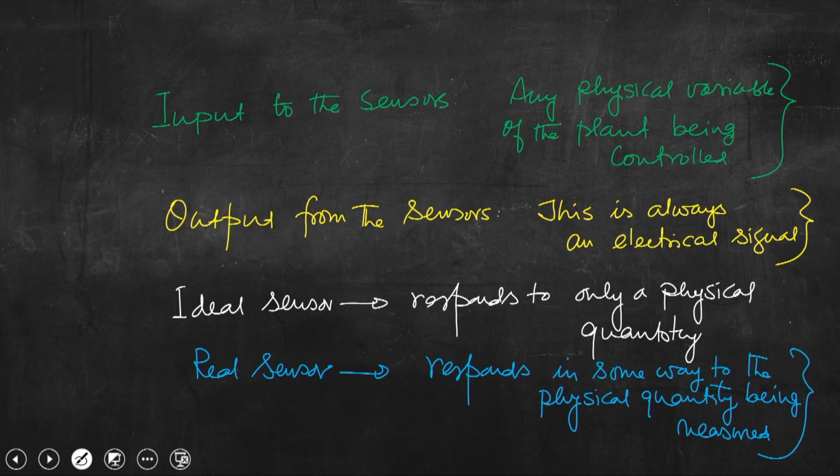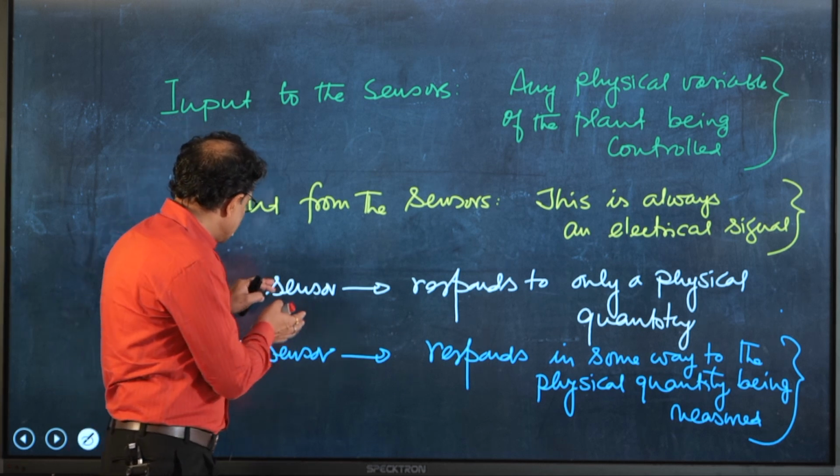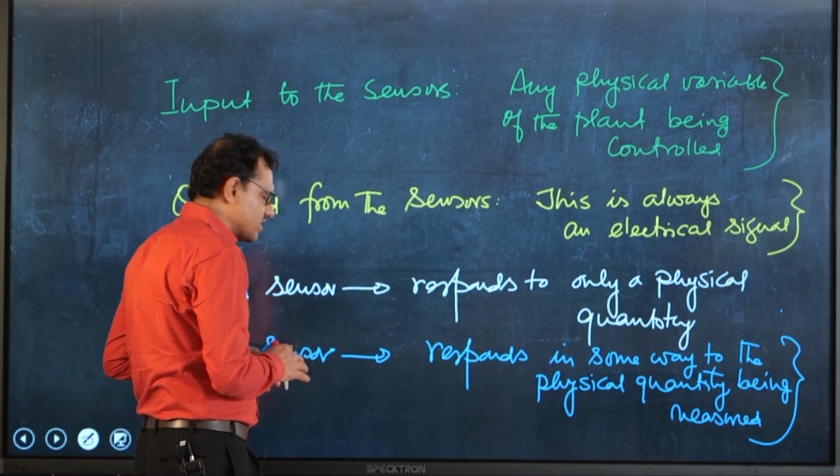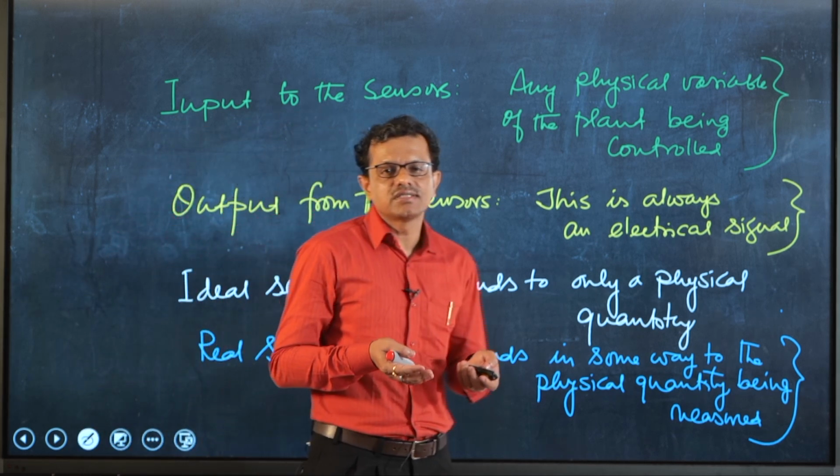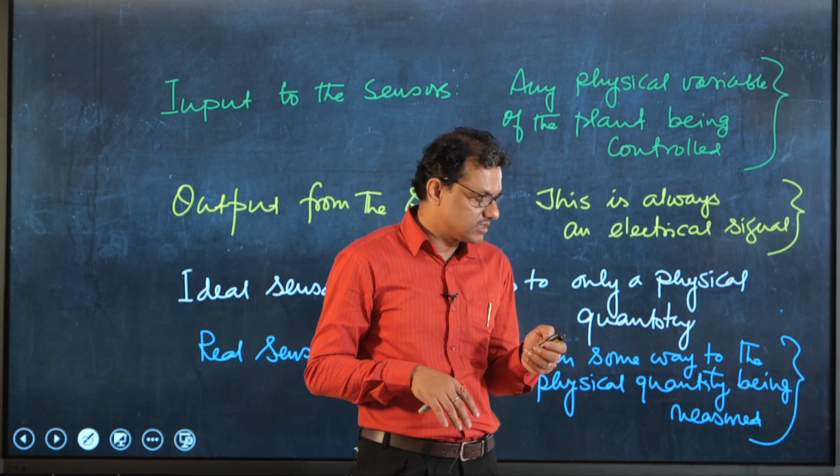So, at least you have understood the difference between ideal and actual or real sensor, but in reality no sensor can be an ideal sensor.